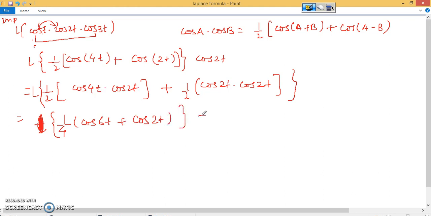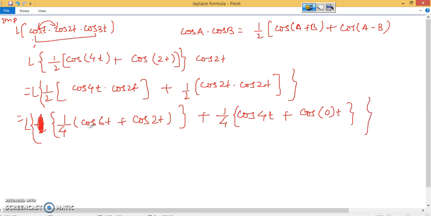Similarly, if you write it here, I can write 1 by 4 cos of 2t plus 2t, that is 4t, plus cos of 2t minus 2t is your cos of 0t.